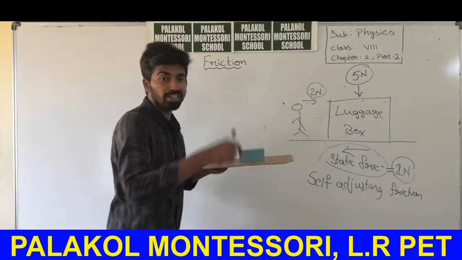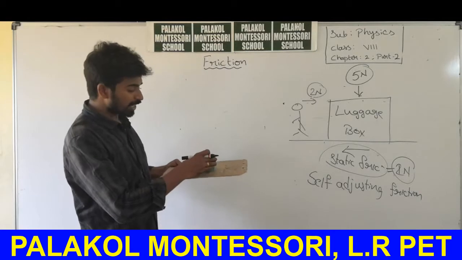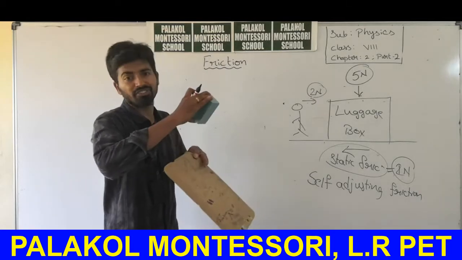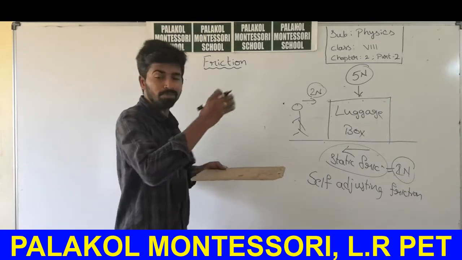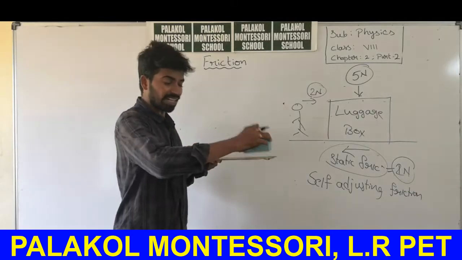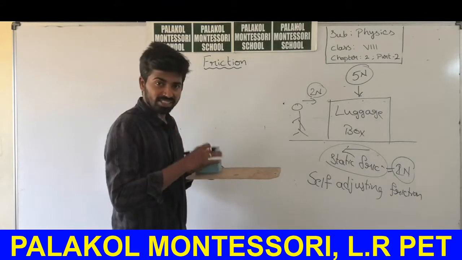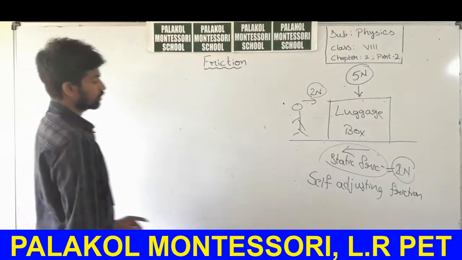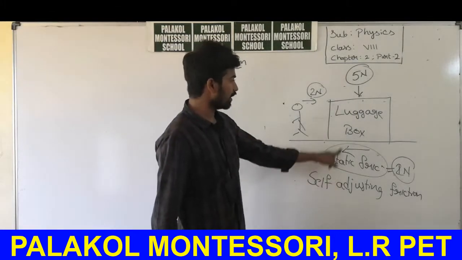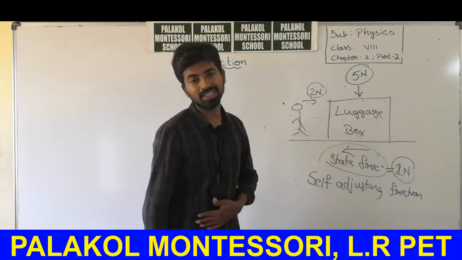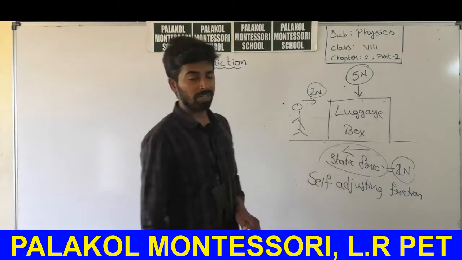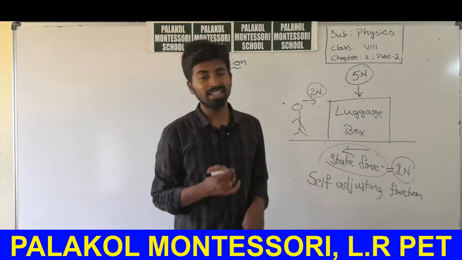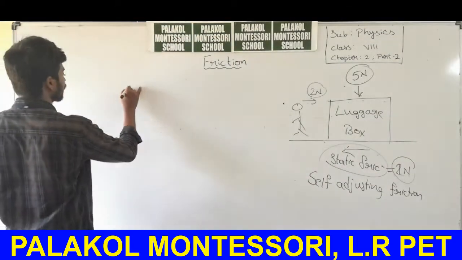When the block starts moving, there is relative motion between the surfaces, and this friction is called sliding friction. Up to the maximum friction, static friction plays here. When the block starts moving, which type of friction will there be? There will be sliding friction.